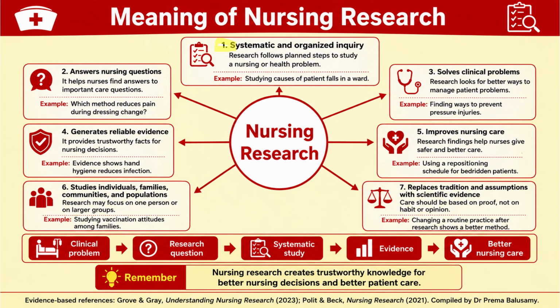Example: studying the causes of patient falls. Coming to the next, nursing research answers nursing questions, and it helps nurses to investigate and find answers to the questions they have.